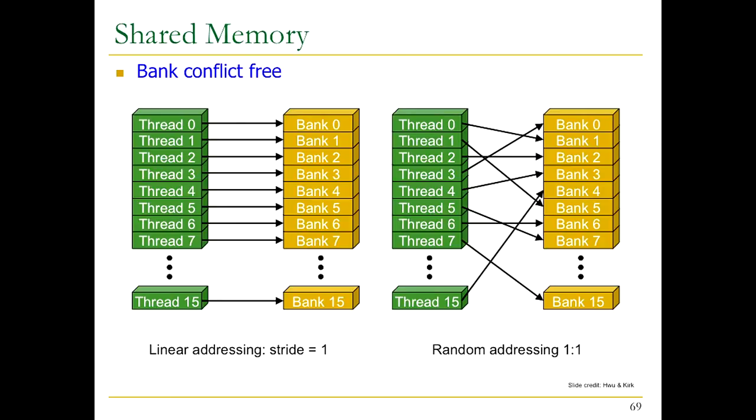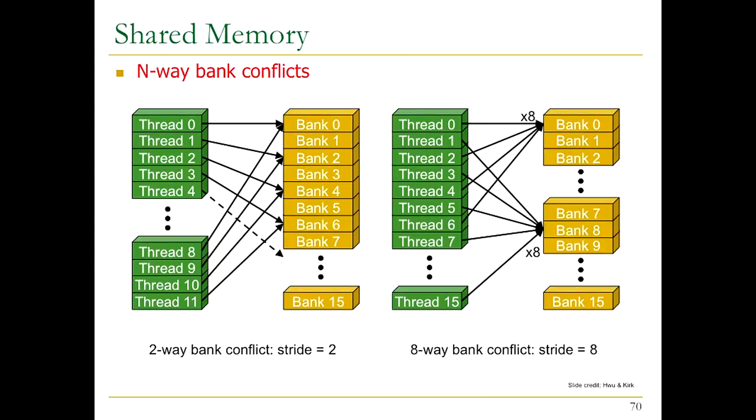If we have a linear addressing, we won't have bank conflicts, as you can see. We can also have a random addressing, and if no two threads access the same bank, we also have maximum throughput. But we can also have bank conflicts. And when do we have bank conflicts?